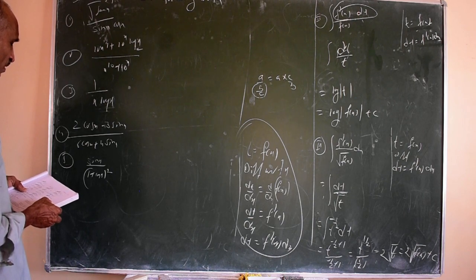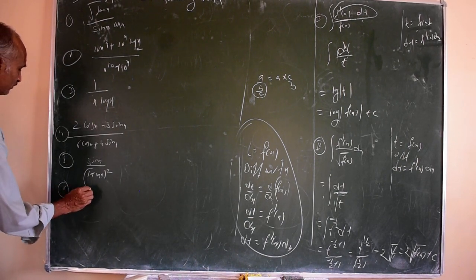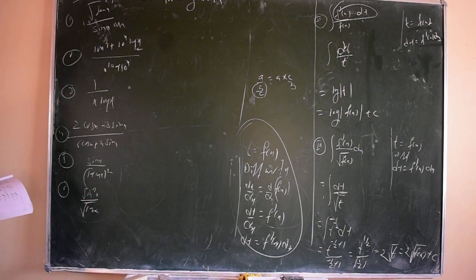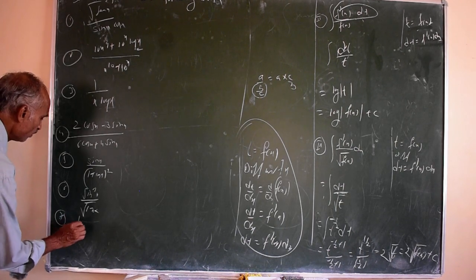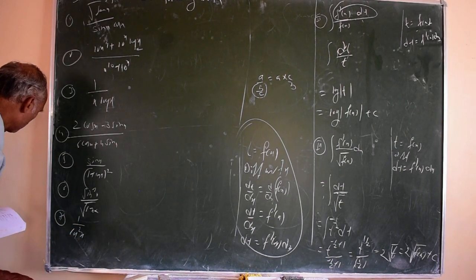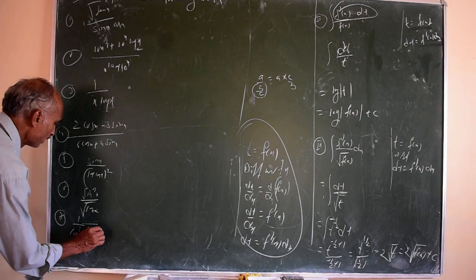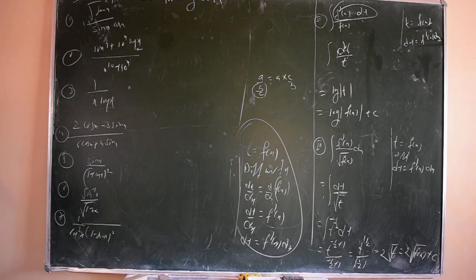Next one, sin inverse x upon root of 1 minus x square. Then 1 by cos square x into 1 minus tan x the whole square. Like that.